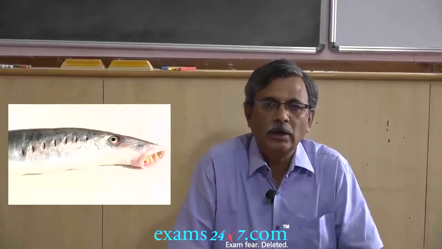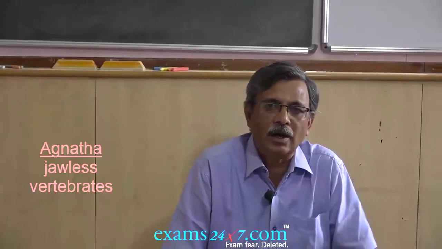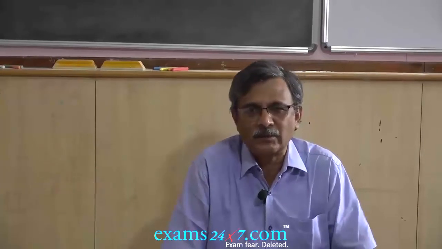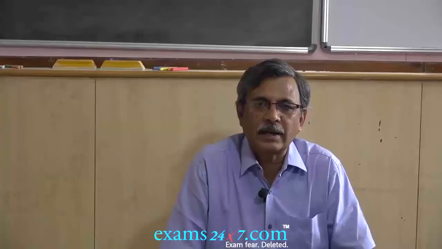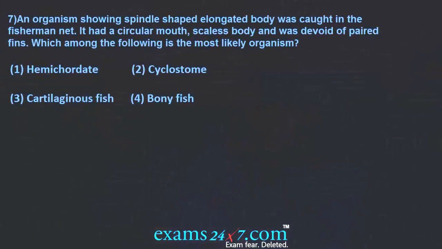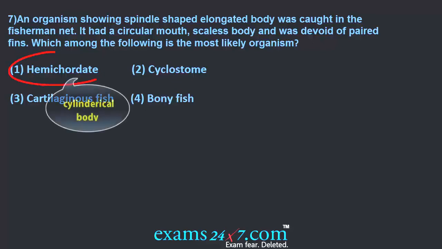Agnatha. I hope all of you know Agnatha means jawless vertebrates. And the only living class represented is Cyclostomata. And we have organisms like Petromyzon or lampreys and Myxine. Let us look into the options. Hemichordata, no. Hemichordata has a cylindrical body.